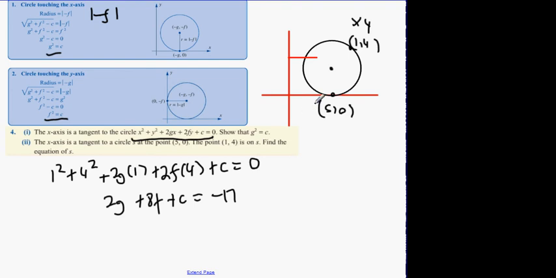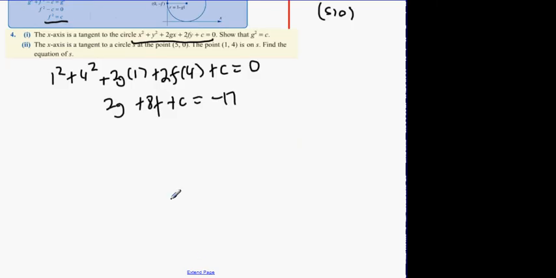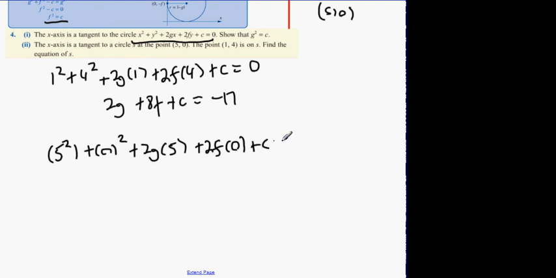We know that (5, 0) is also a point on that circle. So why don't we construct the second equation quite quickly? We get 5 squared plus 0 squared plus 2g times 5 plus 2f times 0 plus c equals 0.